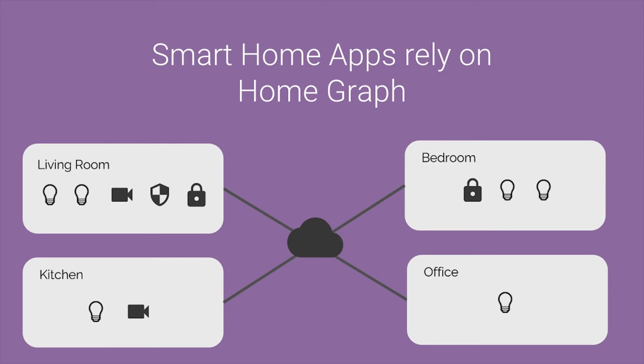So I could have a bedroom, a living room, a kitchen, and we store information about what exact sensors or smart devices are inside those specific rooms. For example, in my bedroom, I've got 2 lights and maybe a smart lock. So the Google Assistant will build up this knowledge graph of what is exactly in your house.